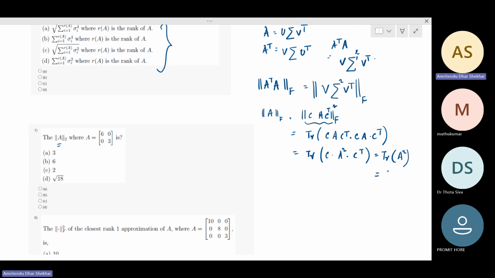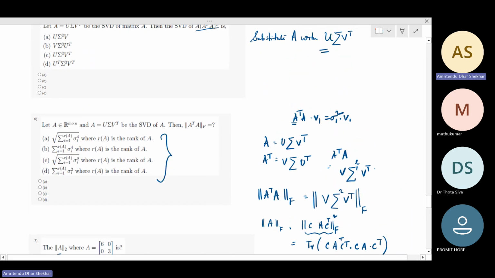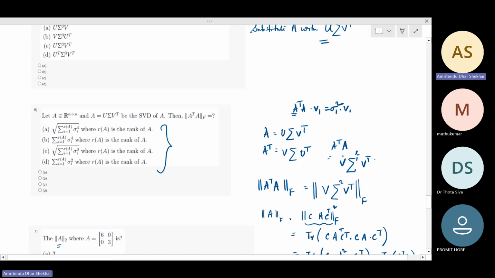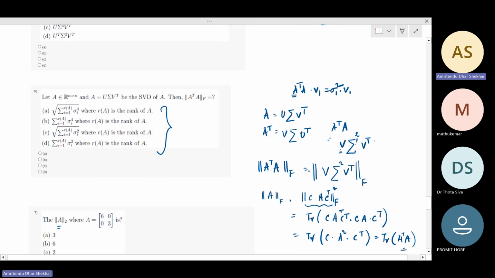Now I understand, there is an A transpose here, so it is the trace of A transpose A. Just understand that if you take any matrix and do this V sigma squared V transpose, the Frobenius norm doesn't change.